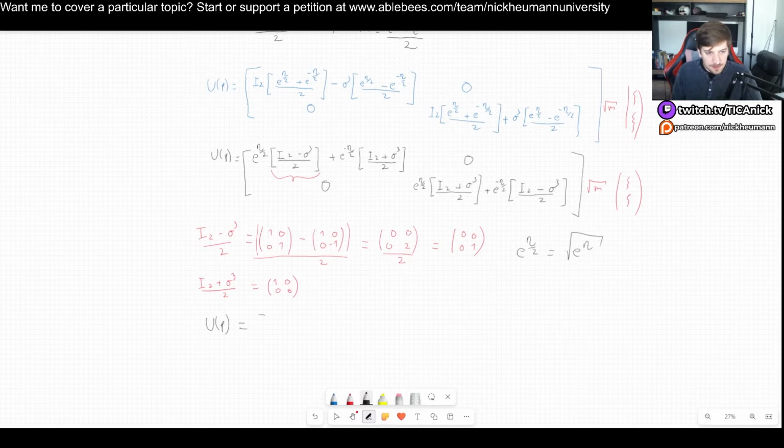as, well, now the square root of m goes inside, so we have square root of m e to the eta, and now this I2 minus sigma 3 thing, which we know is 0, 0, 0, 1. Then we have plus square root of m e to the minus eta, 1, 0, 0, 0, right?